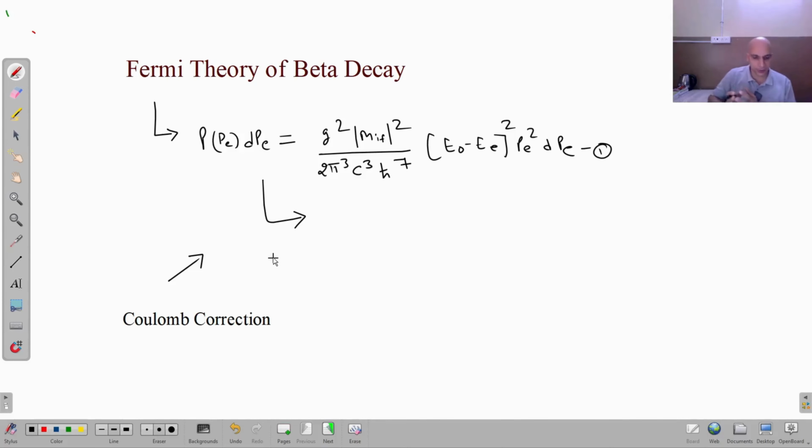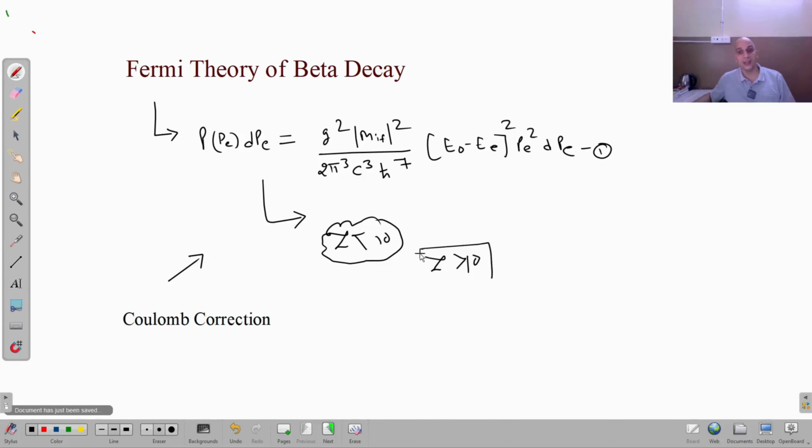But in reality, the wave function of the electron or positron would be modified by some factor that depends upon the Coulomb interaction between the nucleus and the emitted particle. For lighter nuclei with Z less than 10, the electrostatic field of the nucleus is very weak, so we can ignore it. But when Z is greater than 10, it is important to take that interaction into consideration.